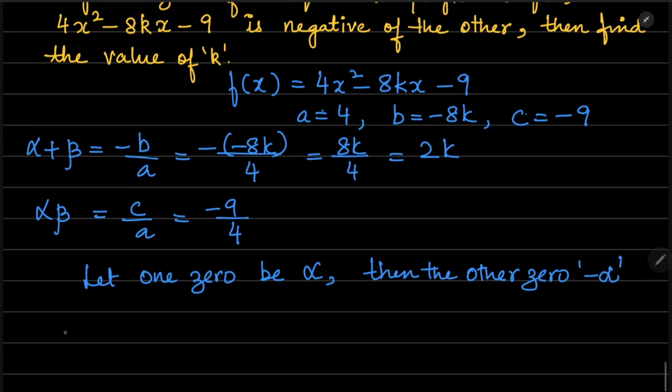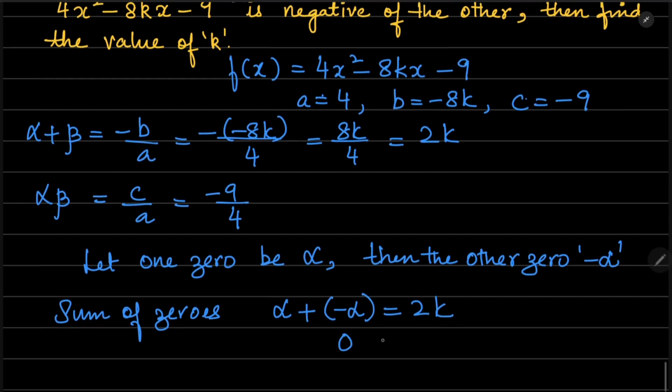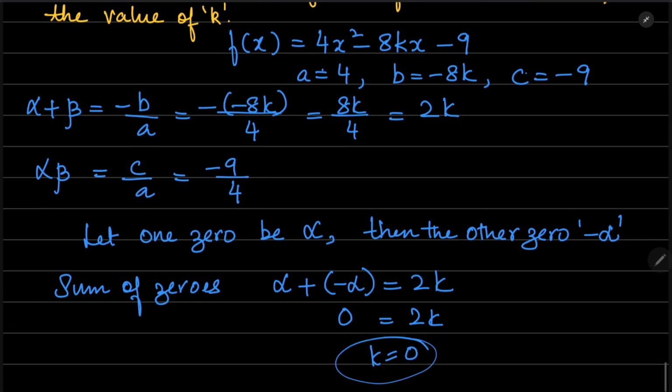Now let us calculate the sum. Then the sum of the zeros will be alpha plus minus alpha is equal to minus b by a. What is minus b by a? 2k, right? So alpha minus alpha is 0 is equal to 2k, or you get k is equal to 0. Okay, so this is your answer.